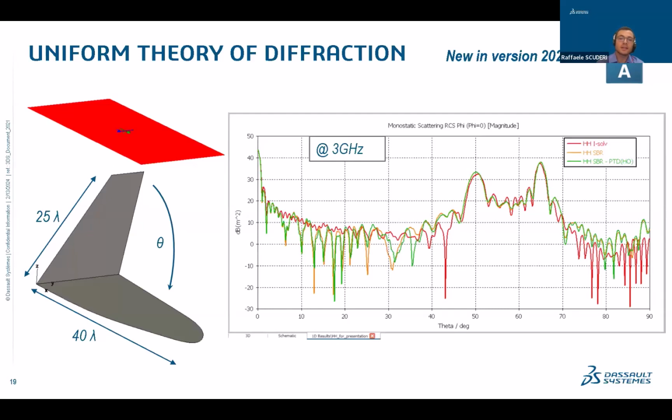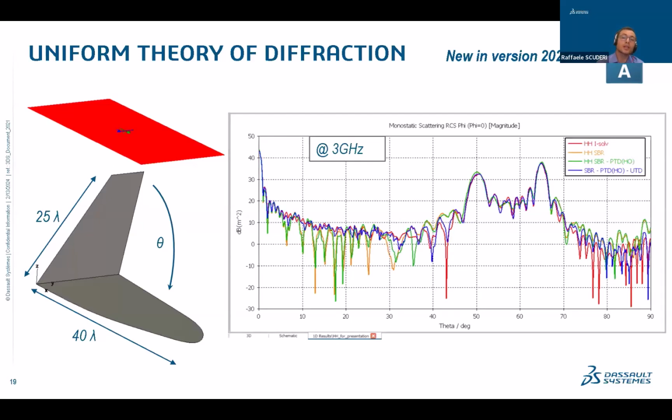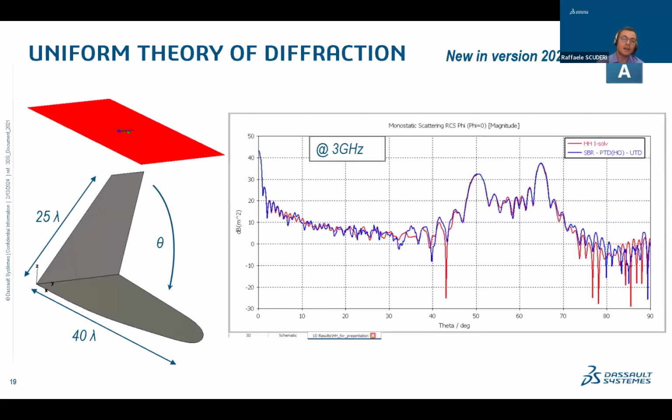Then you can see that at the end, I'm also including the uniform theory of diffraction. If I now get rid of all the rest and only leave these two curves, you can clearly see the benefit of using the UTD in terms of accuracy here. As a reference, I'm using the result that I computed using the integral solver, so with a full wave method without any assumption, without any approximation.